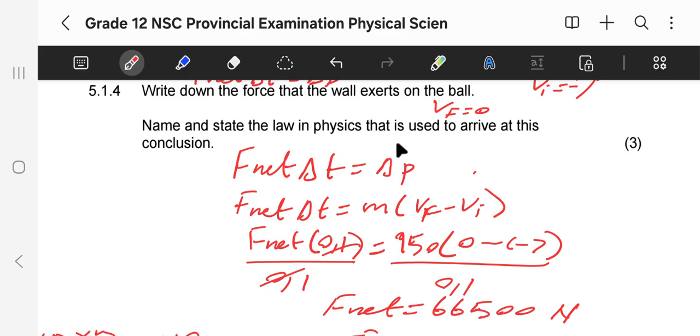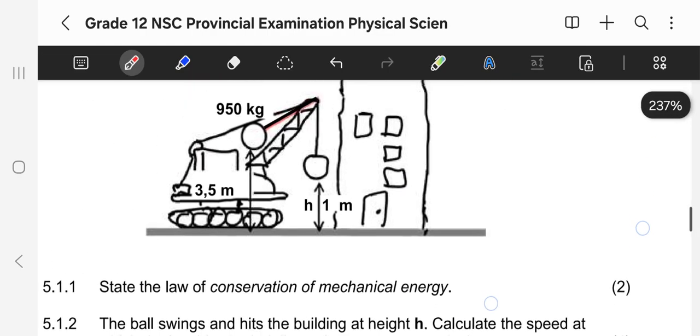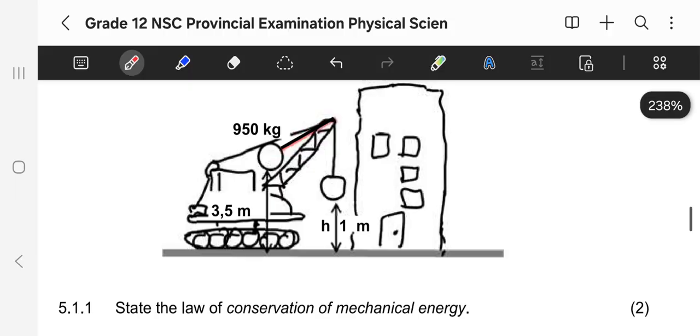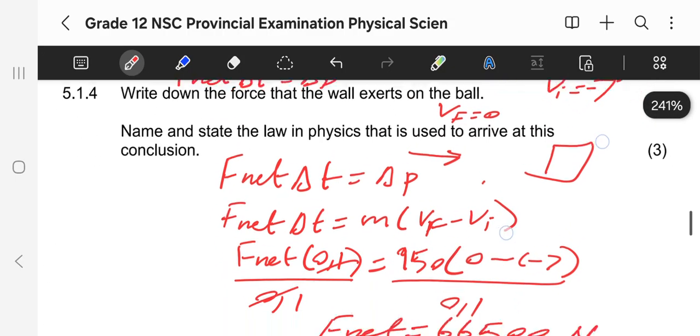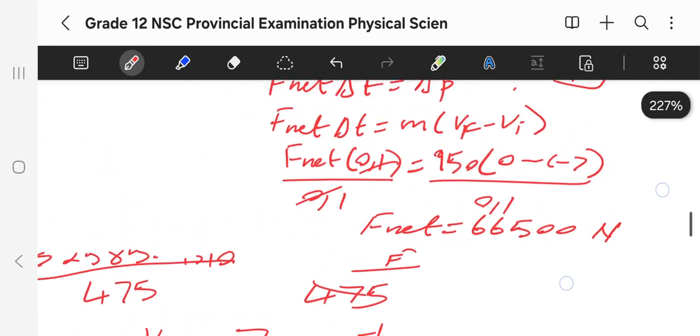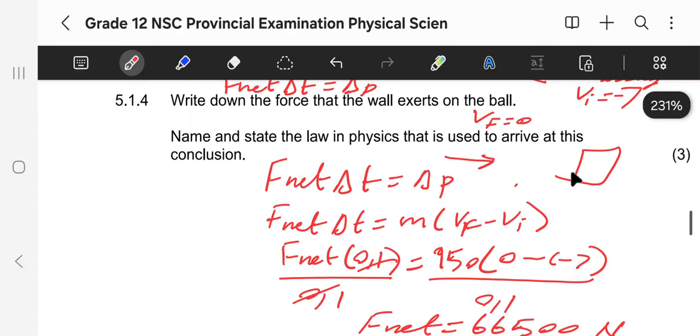Obviously, the ball is coming from the left, the wall is on the right. This is from the diagram, right? The ball is on the left, the wall is on the right. So this means that the wall will exert its force in the opposite direction, which is the left direction. Towards what? Towards the ball. The ball exerts the force towards the wall in the right direction. The wall exerts the force towards the left direction.